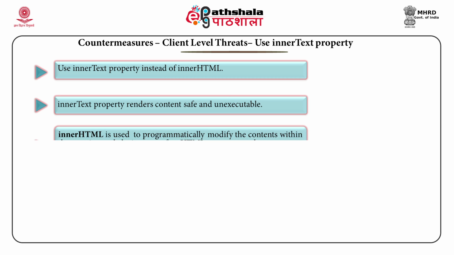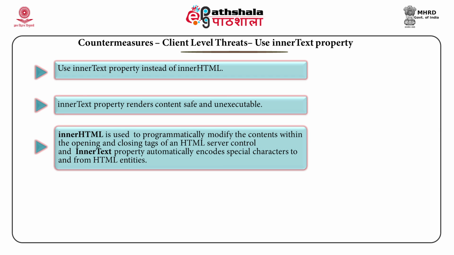Inner HTML property is used to programmatically modify the contents within the opening and closing tags of the HTML element. An inner text property automatically encodes the special characters to and from HTML entities.